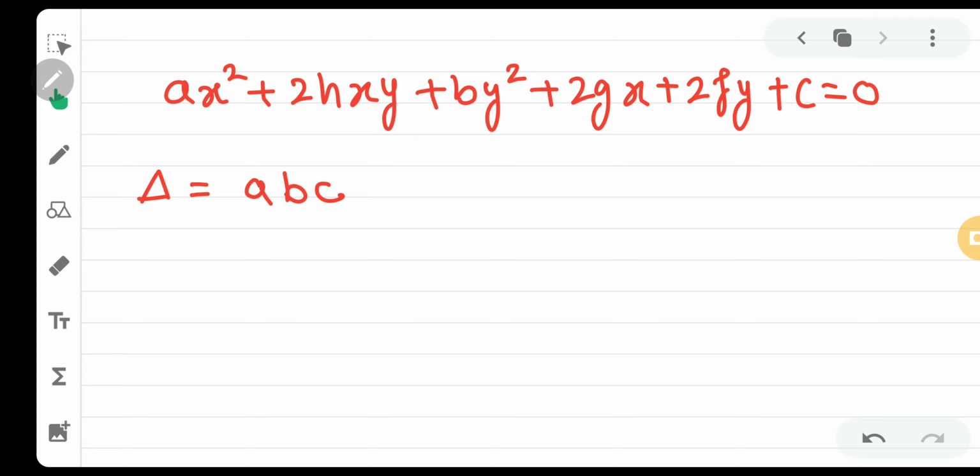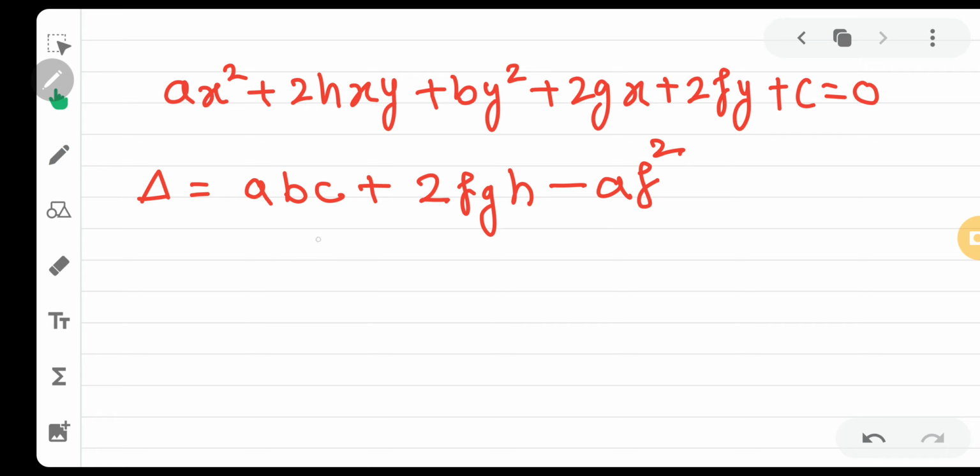Now apart from A, B, C, what remains is F, G, H. So you write down F, G, H. But as you can see, for F there is 2, for G there is 2, for H there is 2. Hence you write down 2FGH. Then you write down minus, and the first letter is A, and the first letter over here is F, and there is 2 for F, so you write down AF square.